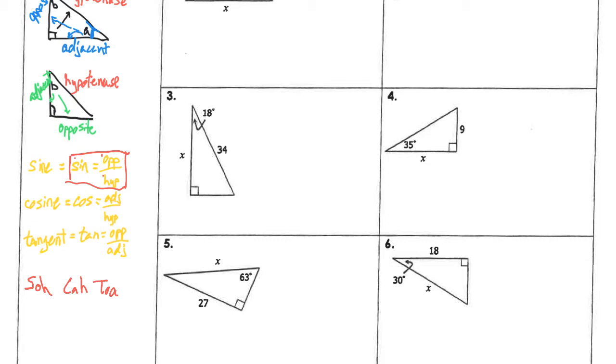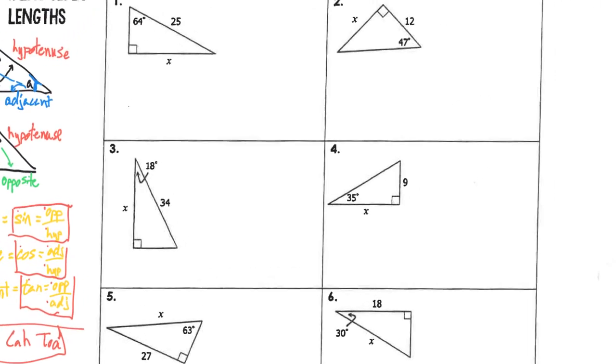And then the cosine equals adjacent over hypotenuse, so that's C-A-H. And then the tangent equals the opposite over the adjacent, that's the T-O-A. So that little phrase right there is going to help you remember how to solve these.